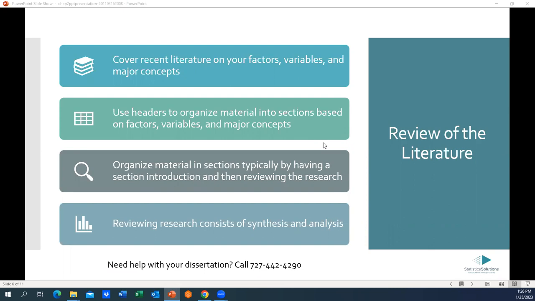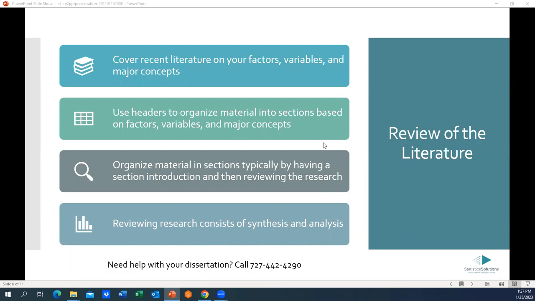So the best thing to do is just follow what you're studying, right? Again, if it's emotional intelligence and transformational leadership, then you're going to have a review of research on emotional intelligence and transformational leadership. Let's say it's middle managers or something. The more you can connect it to what you're doing specifically, the better.